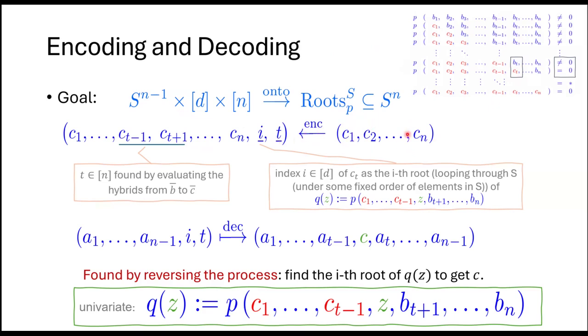To encode this root with the code here, we take T and discard this BT and CT.